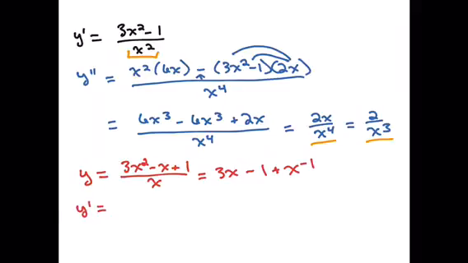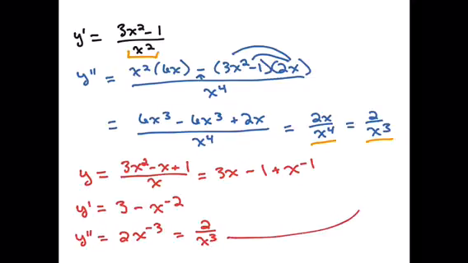Then my first derivative would have just been a power rule problem, and I would get 3, derivative of negative 1 is 0, derivative of x to the negative 1 is negative x to the negative 2, and our second derivative, 3 goes to 0, negative 2 comes out front, we get positive 2x to the negative 3, which is the same thing we got doing it the long way. So it really would have benefited me to have paid attention to the fact that I had a single term in the denominator to start with, and I never would have had to use the quotient rule at all.